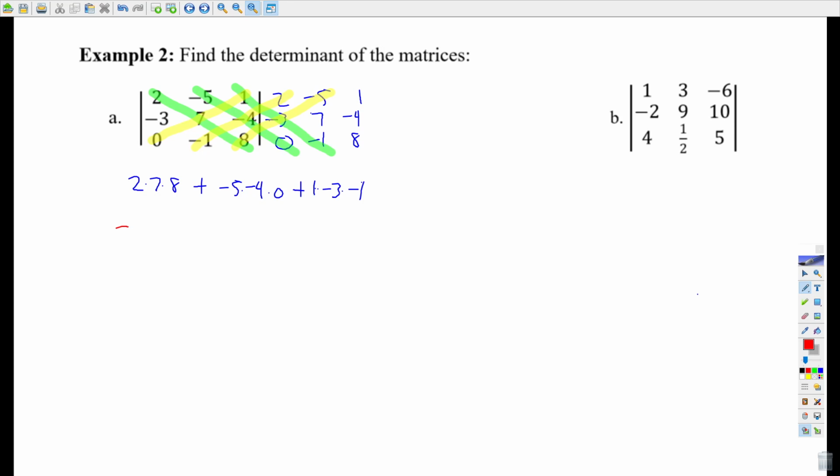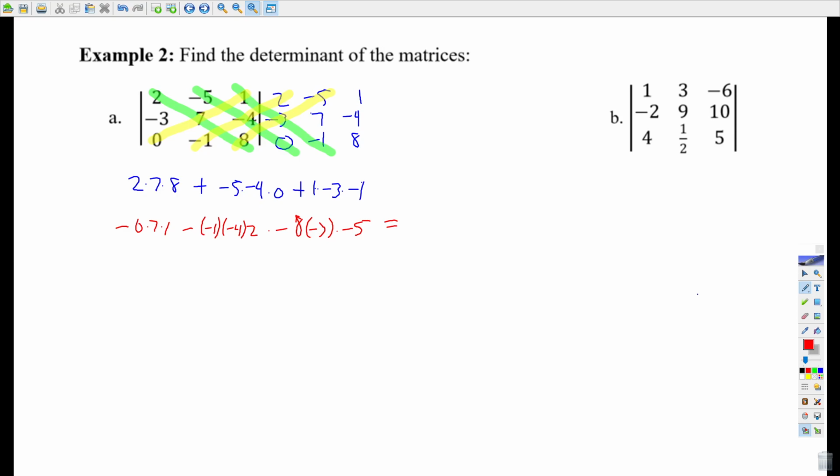So it's minus 0 times 7 times 1 minus, we have -1, -4, and 2, and then minus 8 times -3 times -5. You can actually put the whole thing in the calculator and then figure out what the answer is, and then you're done.